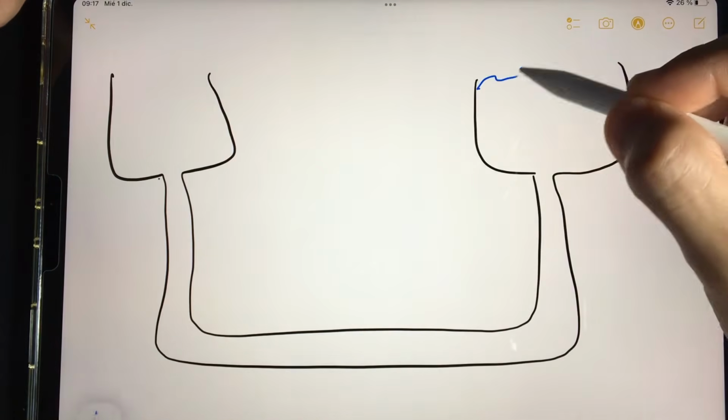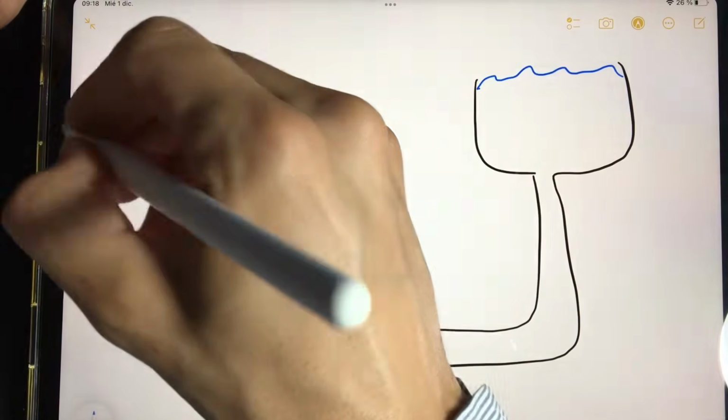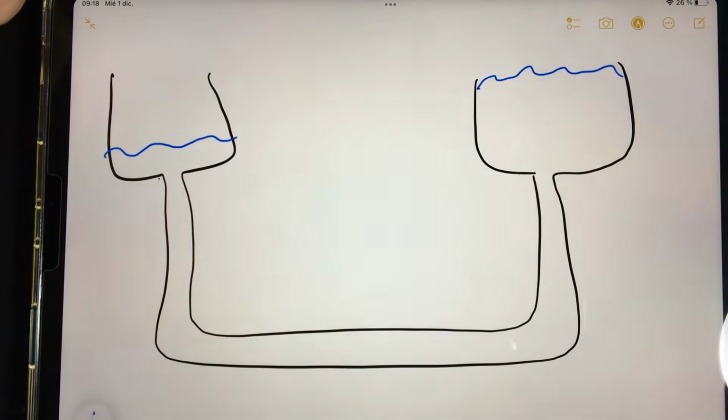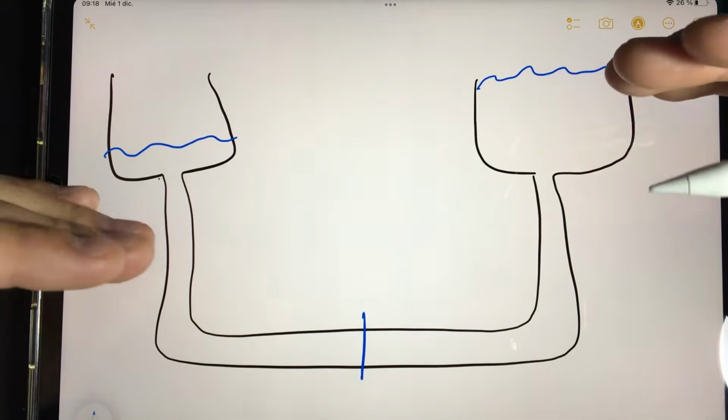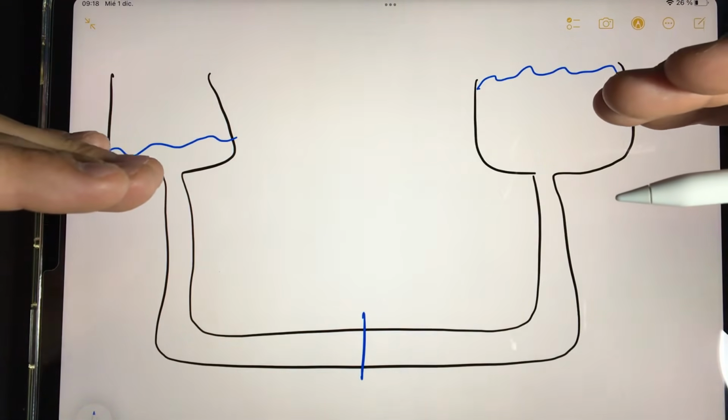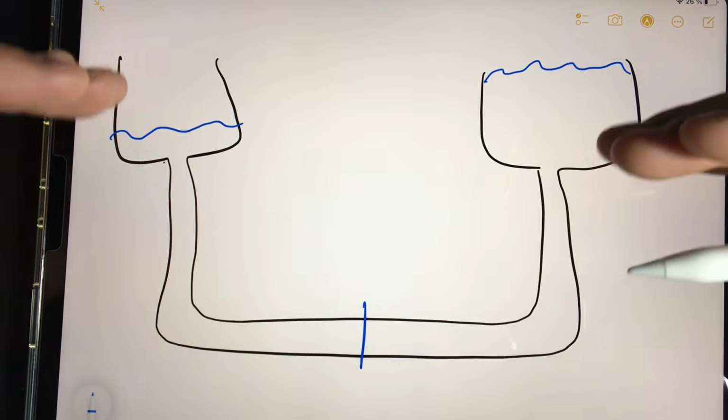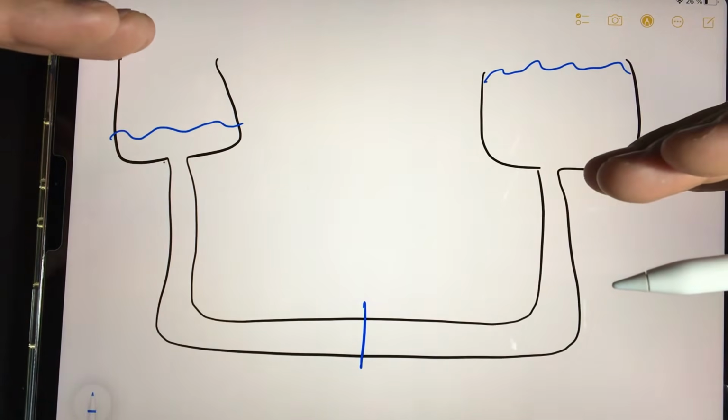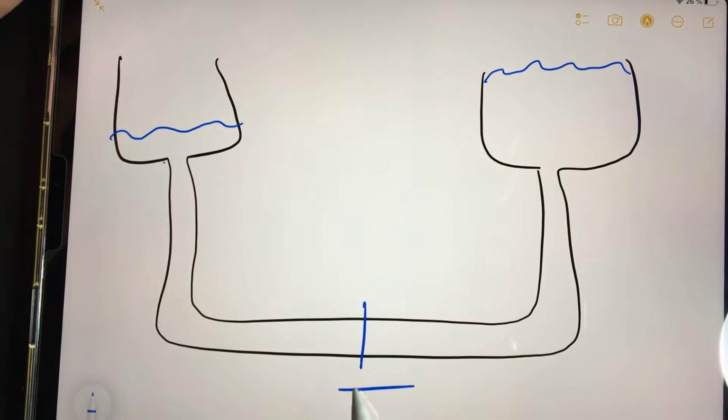Now, imagine a water pressure a little larger on one side and a little smaller on the other side. When I pour water into this pipe, what is going to start to happen is that the electrons are going to circulate to that side to produce an equalization of the pressures. Then, the electrons are going to push there.